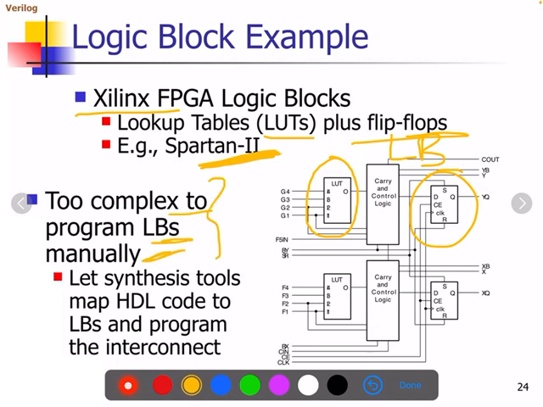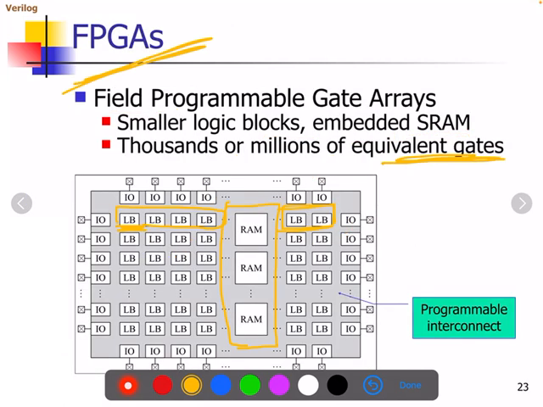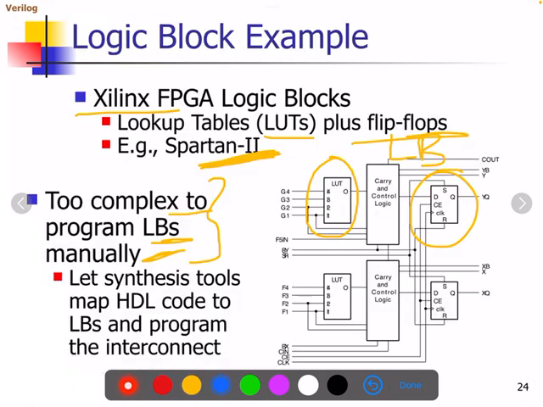It is not possible for us to program each and every logic block. As you can see, there are multiple logic blocks on the board. It is not easy to program each logic block manually. That's why we take the help of a synthesis tool to map our HDL code to the logic blocks and program the interconnect. So we depend on the synthesis tool to perform that.